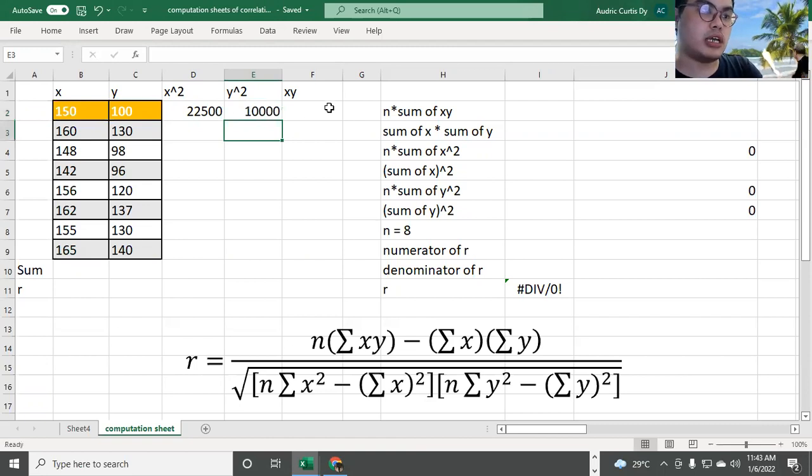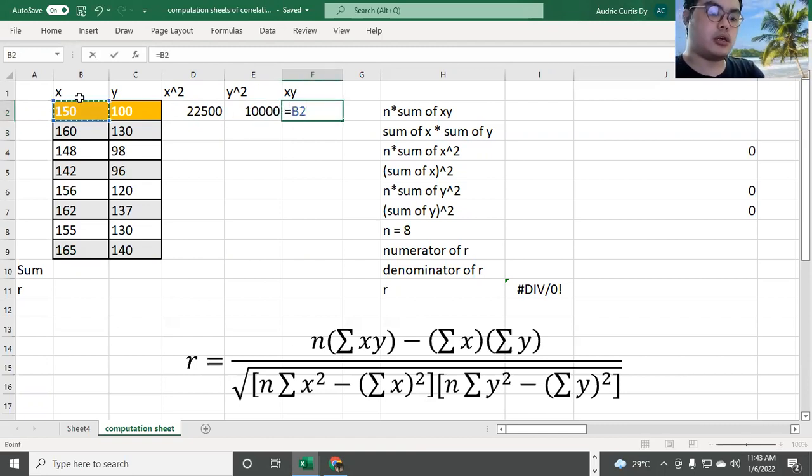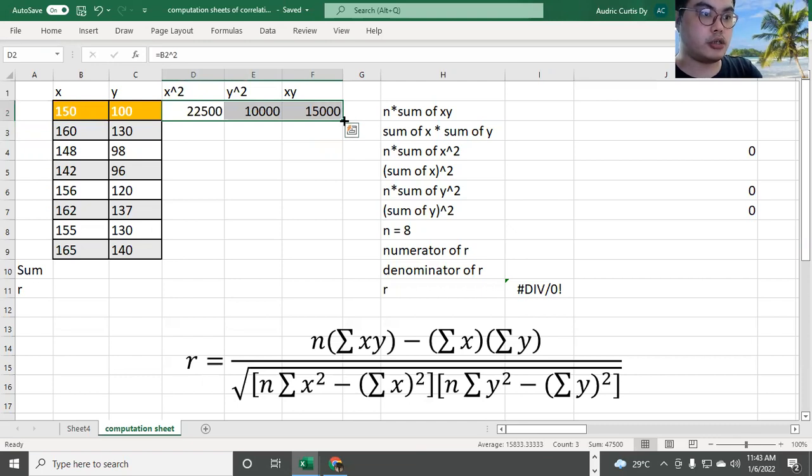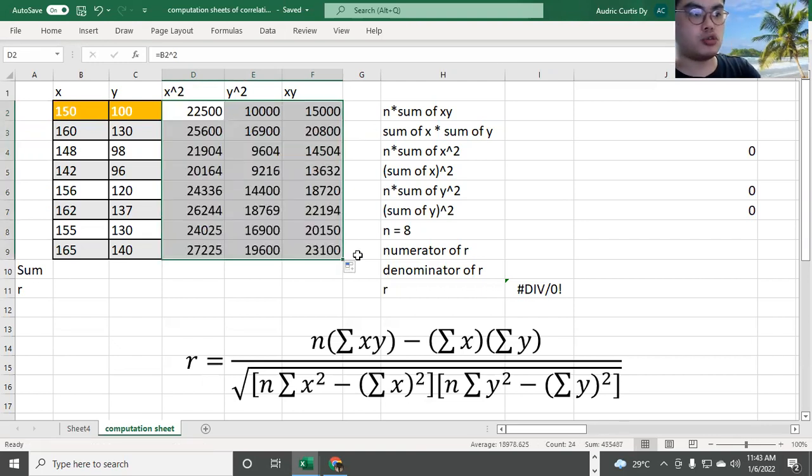To get the xy, we need to multiply the value of x together with the value of y. To make things easier, we need to highlight this, then scroll to avoid time consumption. So this will be the outcome of every value in x squared, y squared, and xy.